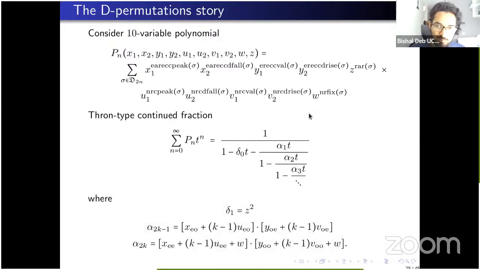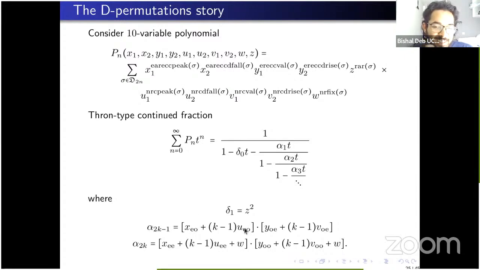And so if you put this on the computer, you'll find a Thron type continued fraction that has the following coefficients. Oh, this should be a delta 0. That's a typo again. And my coefficients are also okay, several typos. Apologies. This has been copied from a previous version.